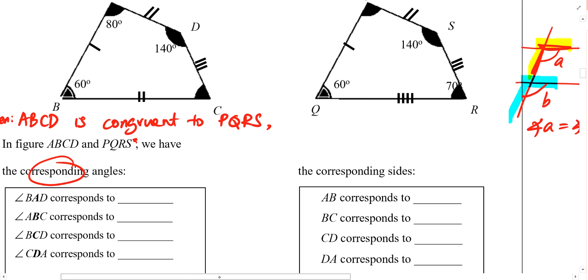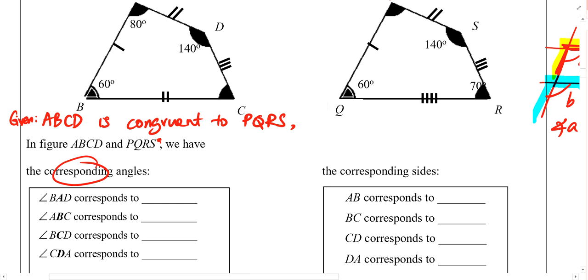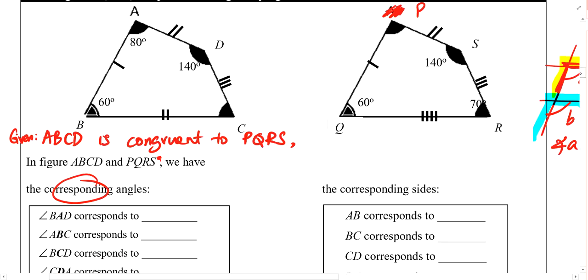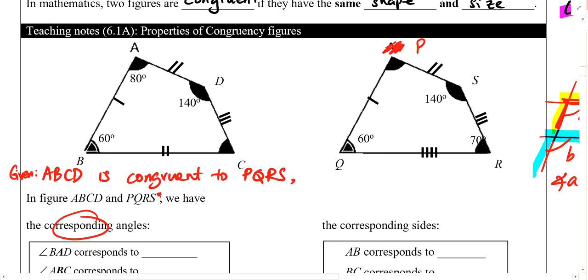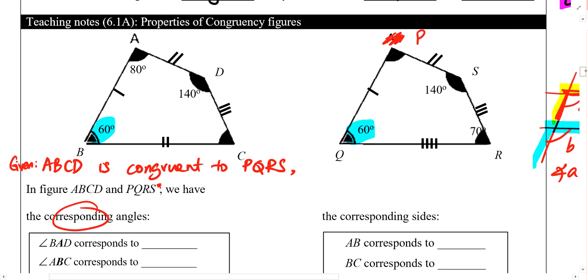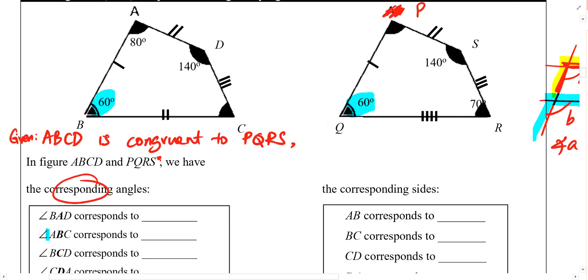Now in this diagram, we're going to identify angles that are corresponding as well. Very clearly, I know that this 60 over here is the same 60 over here. So this is how I phrase it. Angle ABC corresponds to angle PQR.